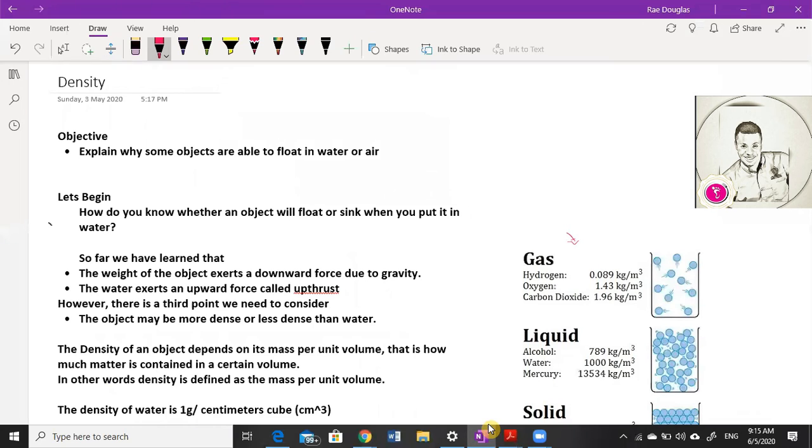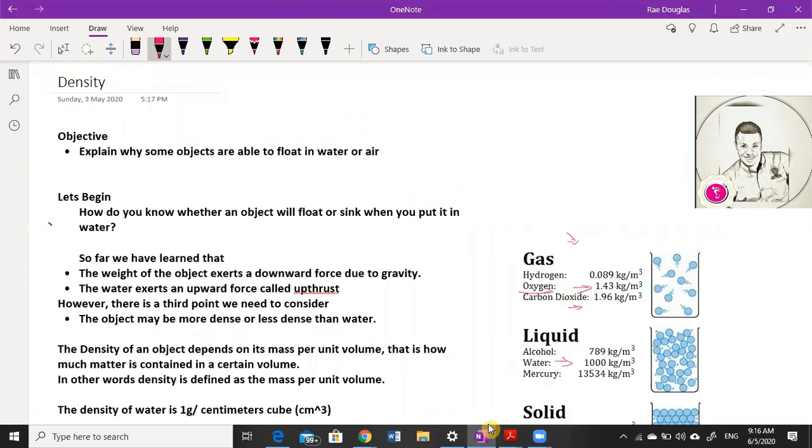So here is gas, right? Well, you have different types of gas. Let's talk about oxygen, so to speak. This is the density that oxygen has. Whereas for carbon dioxide, this is the density: 1.96 kilograms per meter cubed. Versus now liquid, we're talking about water. So the boat is in water.